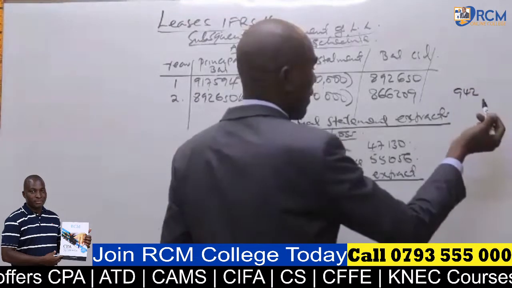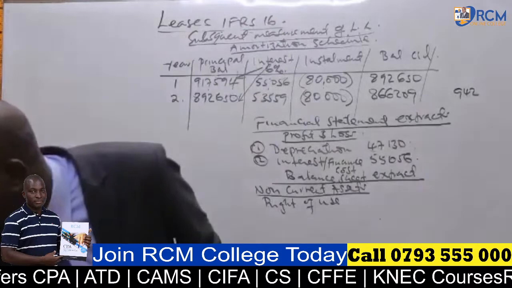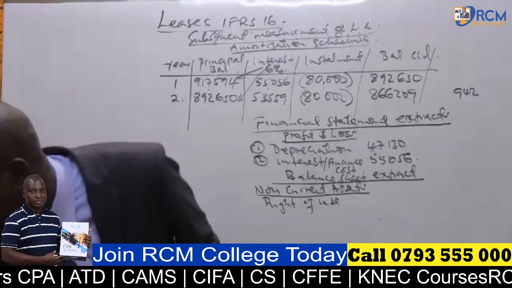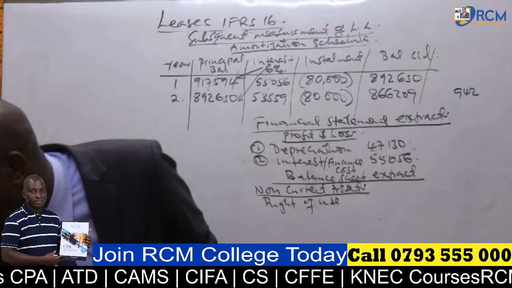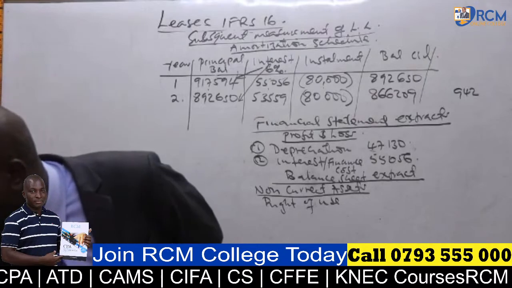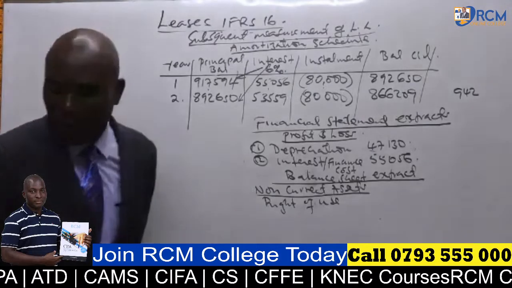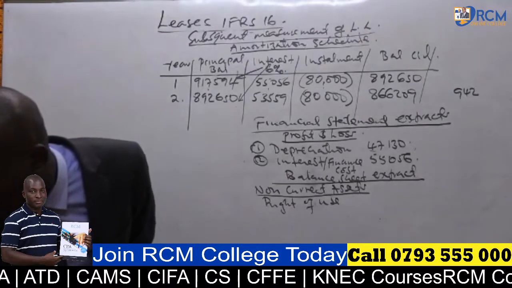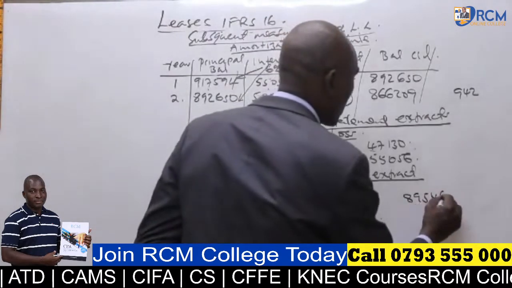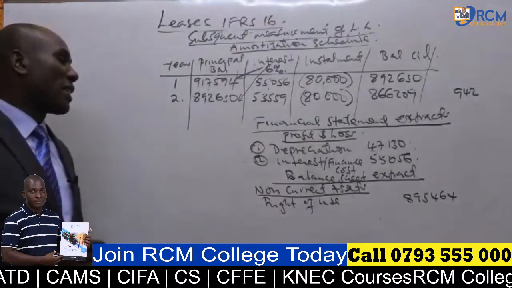I removed my figure. It was 8 something. Our right of use, what was the figure after subtracting? 895,464. That is what goes under non-current assets as right of use.